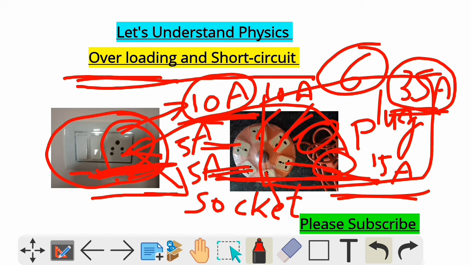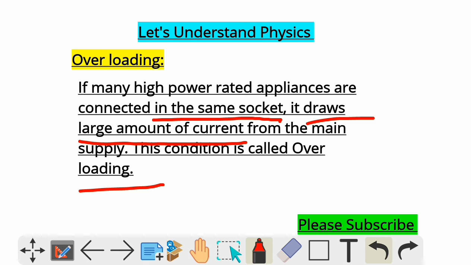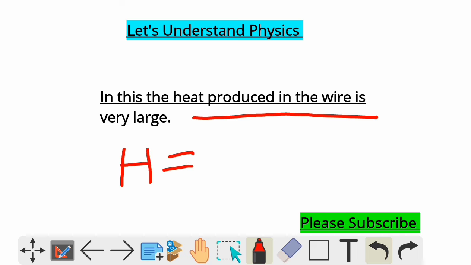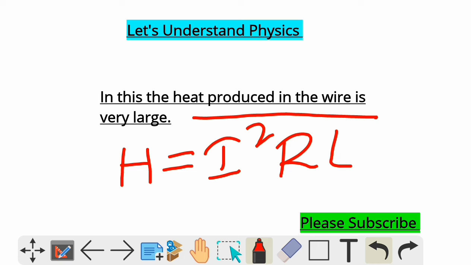Okay, I hope everybody understood this. Now as it is drawing an excess amount of current, what happens? The heat produced in the wire will be very large. You know, right? In the electricity chapter you have already learnt H is equal to I square RT.